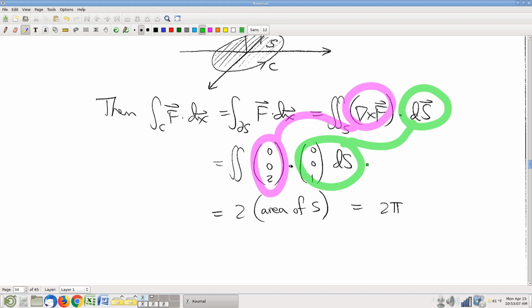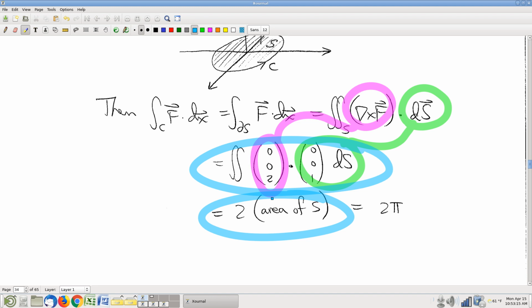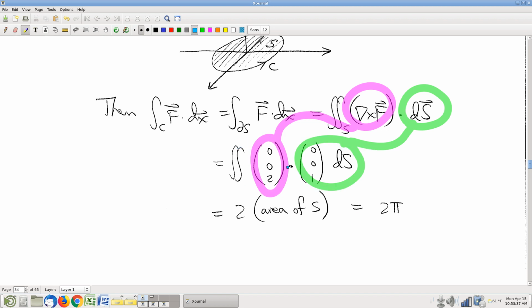Point being that this happens in this case to turn the question into a convenient scalar surface integral that I can interpret as a question about area, and so life is good. It's not always going to be the case. Sometimes the resulting flux integral, you might find it easiest just to parameterize the surface, perhaps, right? Sometimes you will get lucky, and this dot product might be 0, in which case you're done.